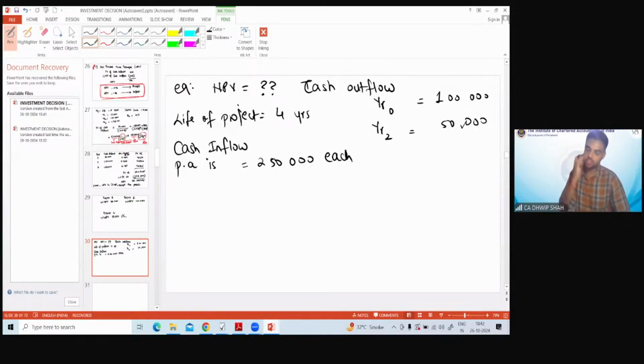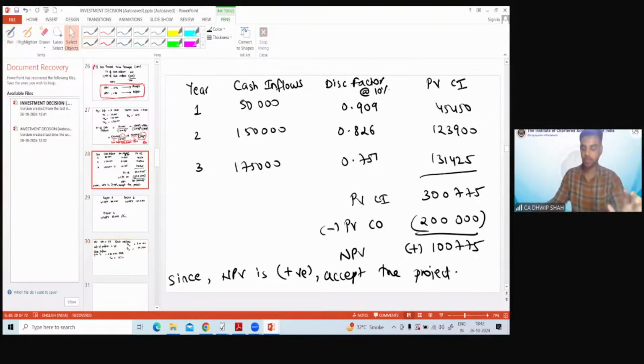So it is constant for each year. Ko, my discounting rate, is 15%. I would want you all to calculate NPV for this illustration using the net present value technique, in a proper format, like this table. You need to prepare this table and calculate.